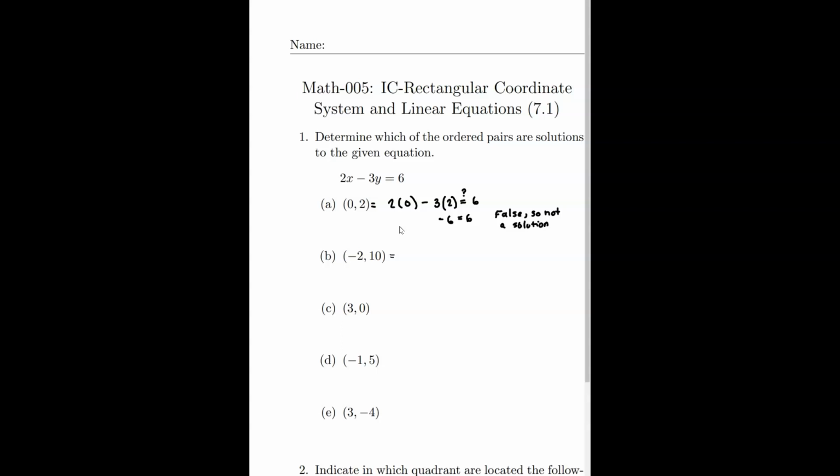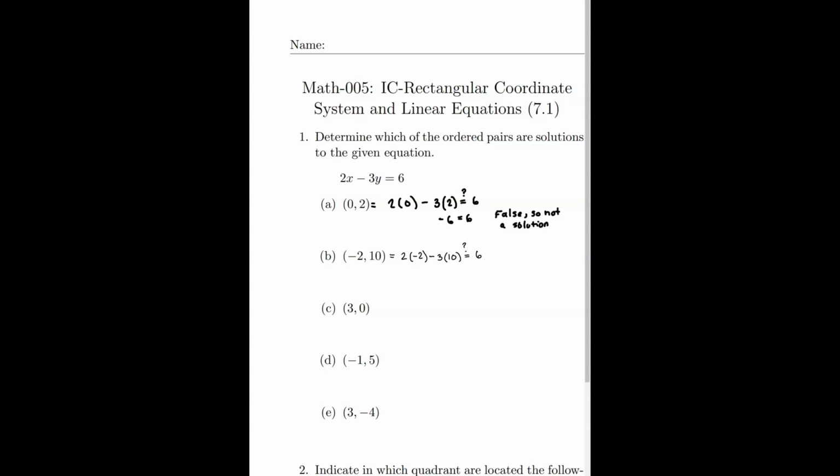Okay, so in this next case, I'm going to plug, again, my x value into where we have the x variable and my y value into my y variable. So rewriting this, I'm going to have 2 times negative 2 minus 3 times 10, and is that going to equal 6? I can pretty much tell already that's not going to work because this is going to give me a negative number and this is going to give me a negative number, so it's not going to work, right?